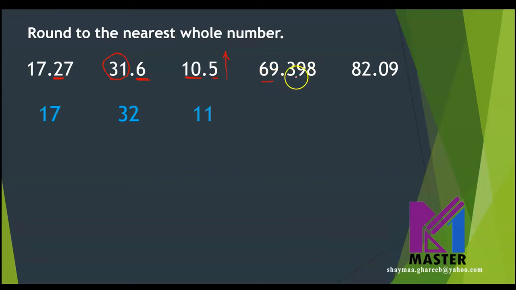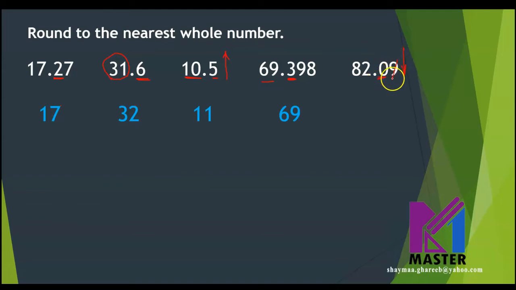69.398. I have 3 decimal places. The only one I care about is the first one in the tenths place. So the 69 will be rounded down because it has 3 in the tenths place. So it will be 69. 82.09. Again, it will be rounded down. Why? Because it has 0 in the tenths place.